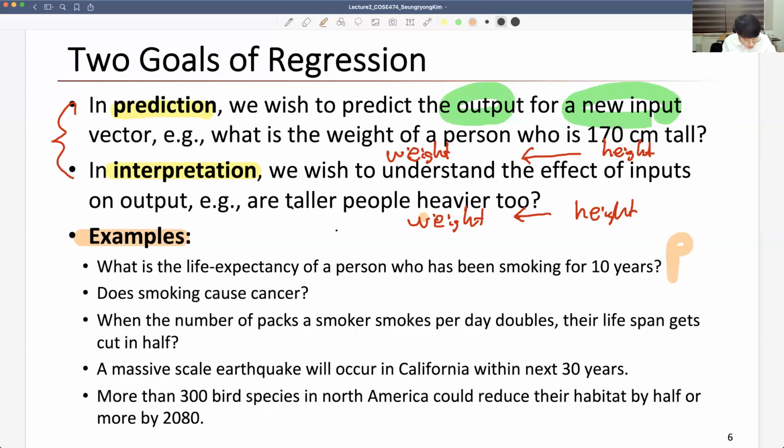The second one is, does smoking cause cancer? Prediction or interpretation? This is interpretation, right? And there are many other examples, like when the number of packs smokers smoke per day doubles, their lifespan gets cut in half, something like that. So please think about these kinds of things yourself. This is homework.